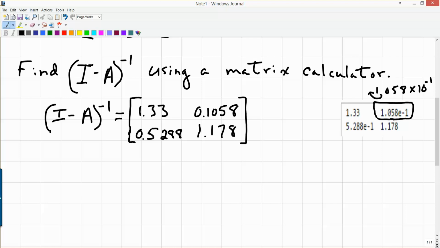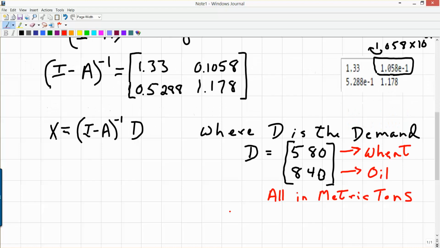Now we're going to use this to solve the following matrix equation. Our equation is x equals the inverse of I minus A times D, where D is the demand. Remember that we're looking at 580 metric tons of wheat and 840 metric tons of oil.